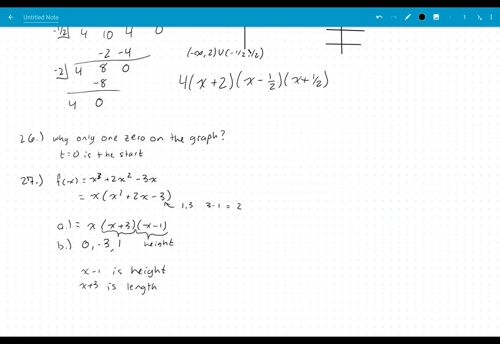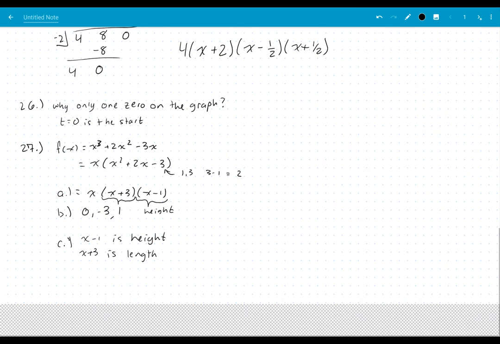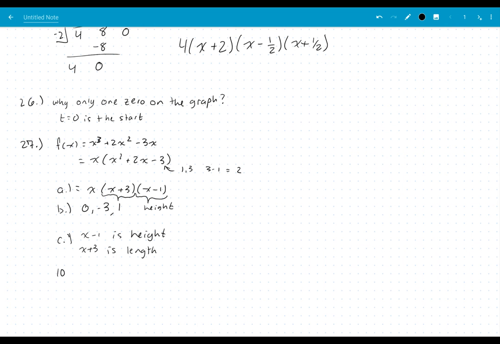All right. And finally, part D. Find the dimensions of the box when the volume is 10 feet. Well, we have to find the places where this function equals 10. So there's a few ways we can do this. We can plug in numbers and say 10 is equal to some number times that number plus 3 times that number minus 1.